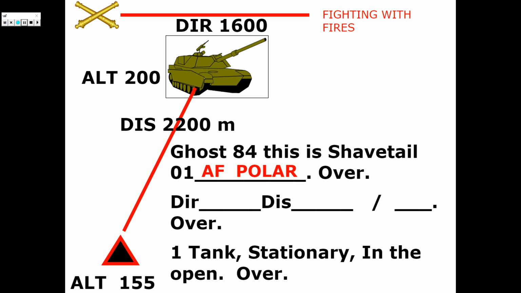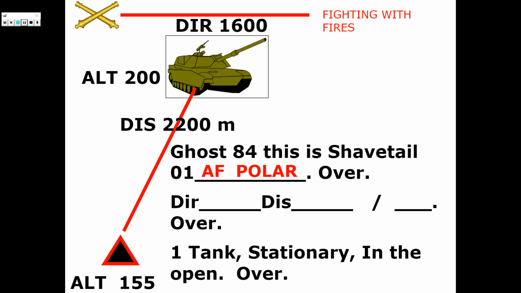So your first transmission includes the first two elements of the call for fire. Ghost 84, this is Shavetail 01, adjust fire polar, over. You included the station identification, that's Ghost 84, this is Shavetail 01. And adjust fire polar lets the fire cell know what type of mission it's going to be.